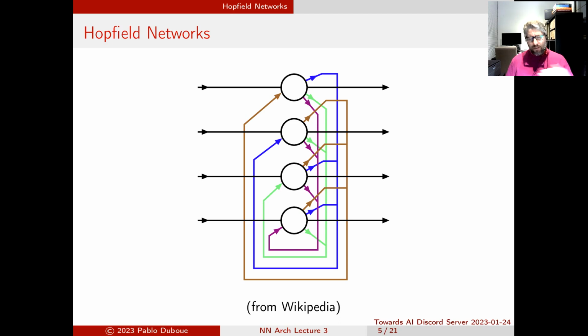Things have layers, and one neuron connects to the next layer, and so forth. We may have a little bit of recurrence and loops in RNNs that we're going to see two classes from now, and shared weights in terms of CNNs and other constructs. But the Hopfield networks are very different.